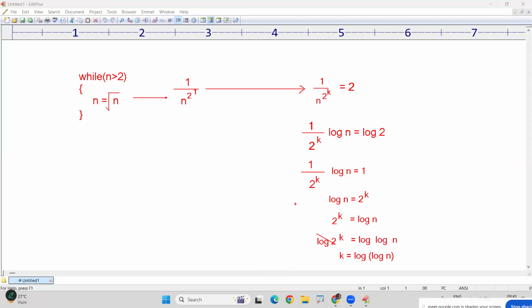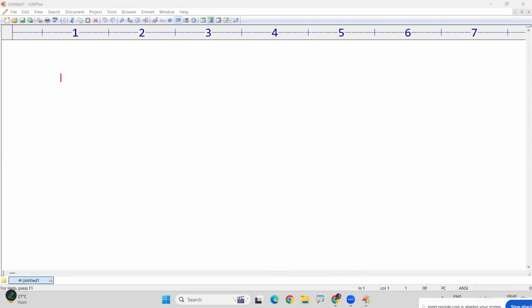In the previous one, what we have discussed, while n is greater than or equal to 1, simply we are writing n equals n by 2. Decreasing order, we are dividing. So this is big O of log n.